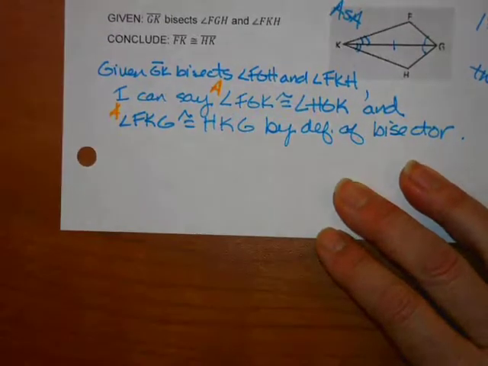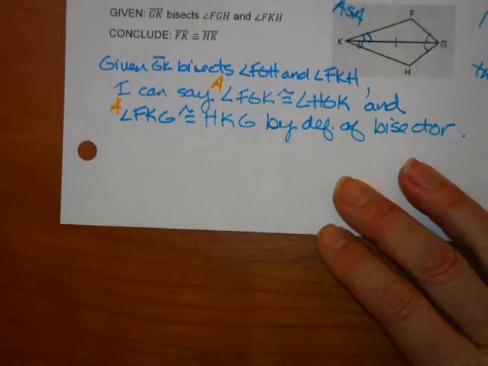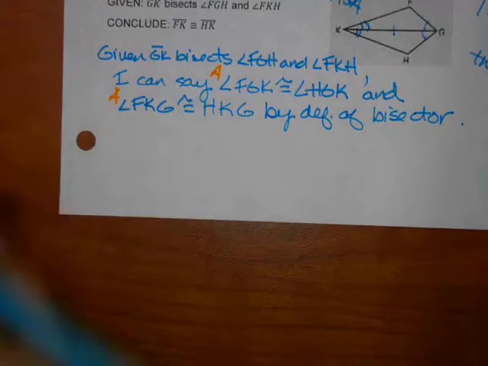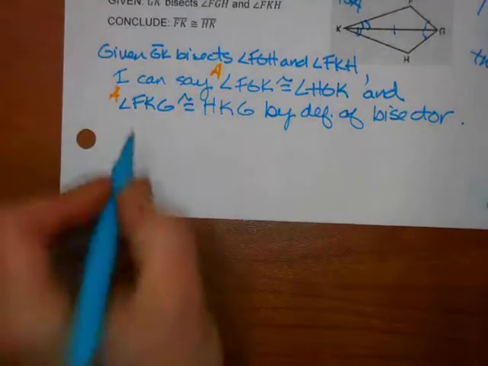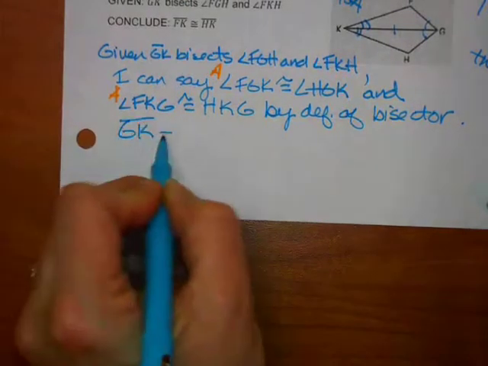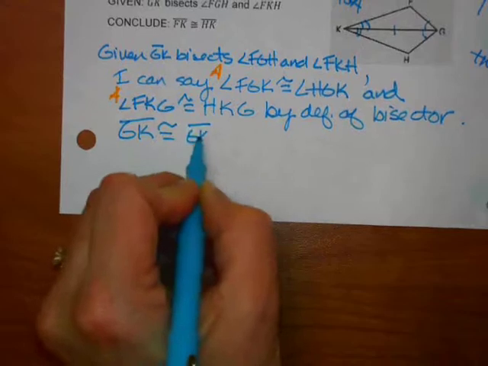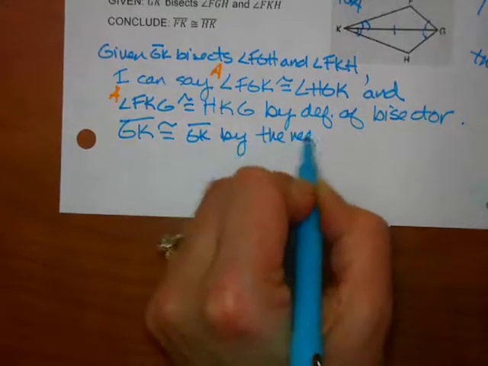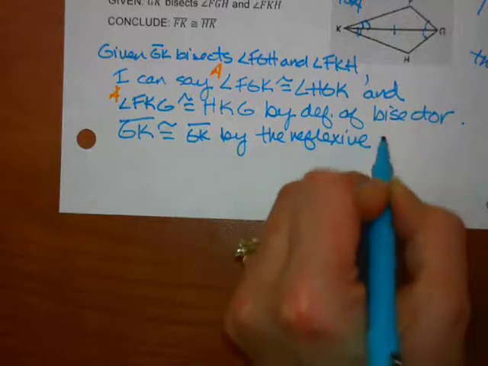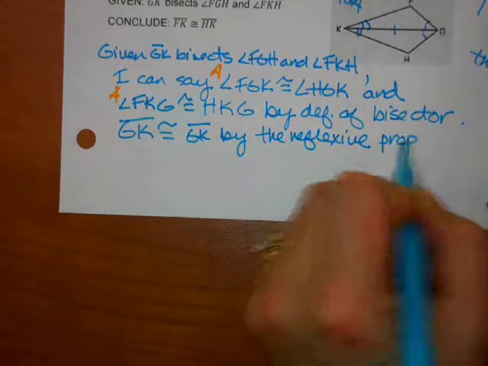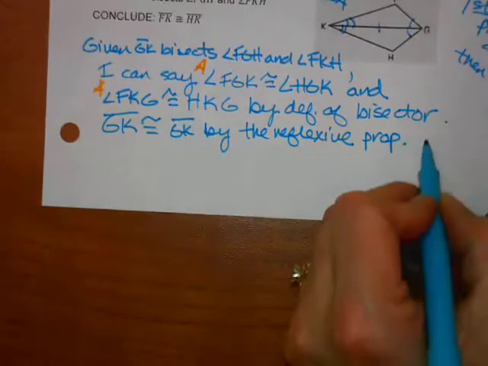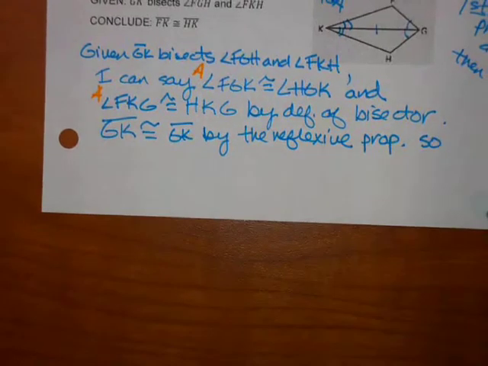All I have to do is prove the side is congruent to itself. Then I need to say that GK is congruent to GK by the reflexive property. So there's my side.